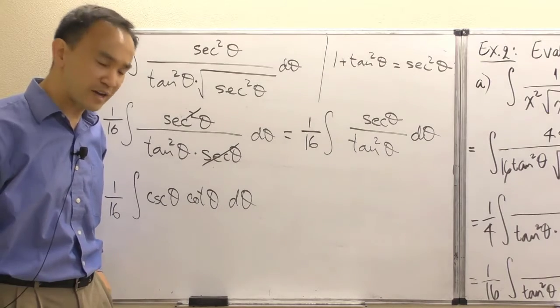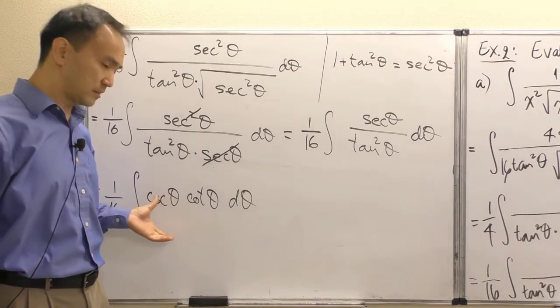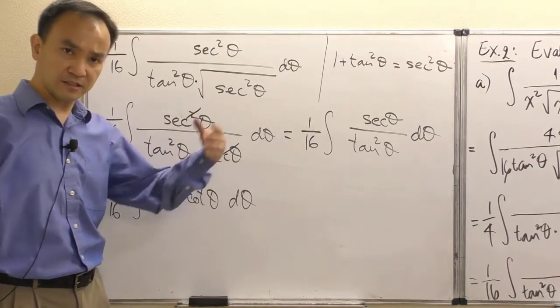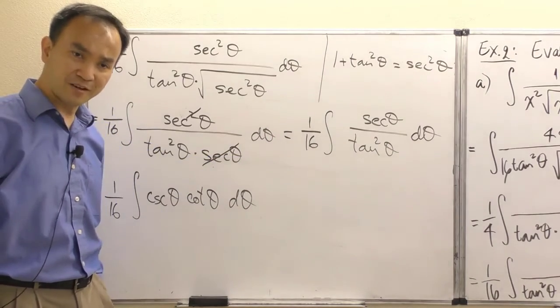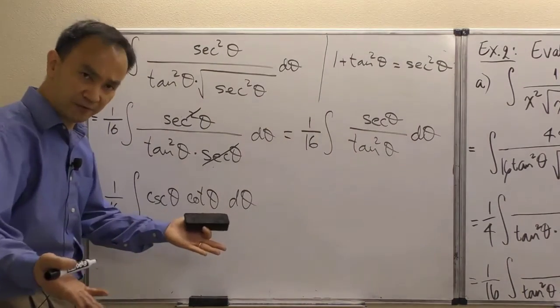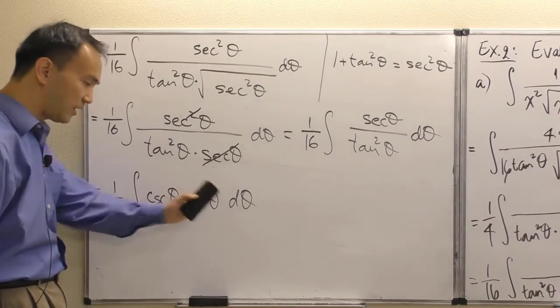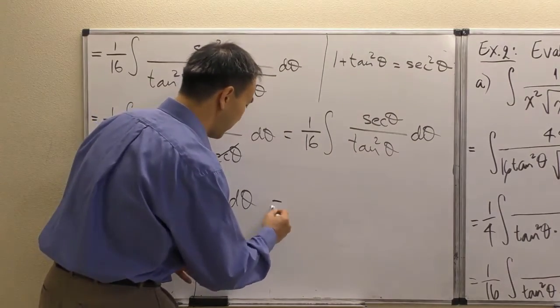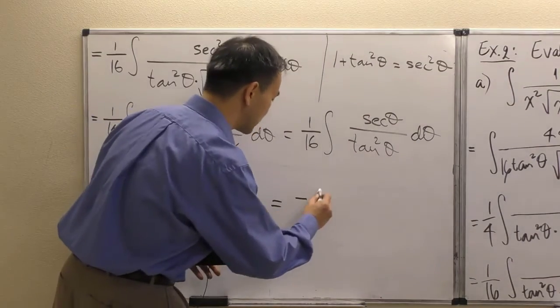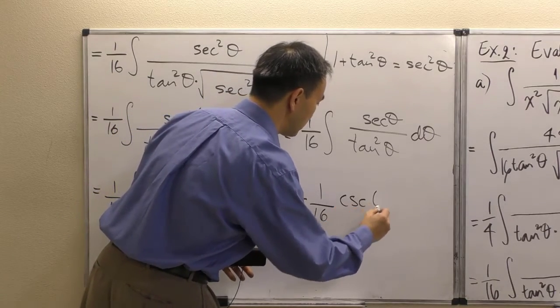Isn't this the opposite of the derivative of the cosecant function? The derivative of cosecant is negative cosecant times cotangent. Here we have a positive one, so the final answer has to be minus 1/16 times cosecant theta.